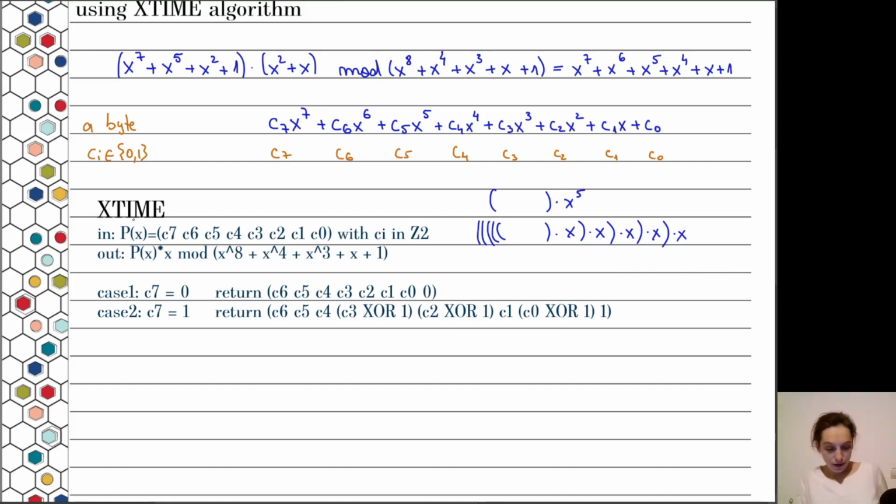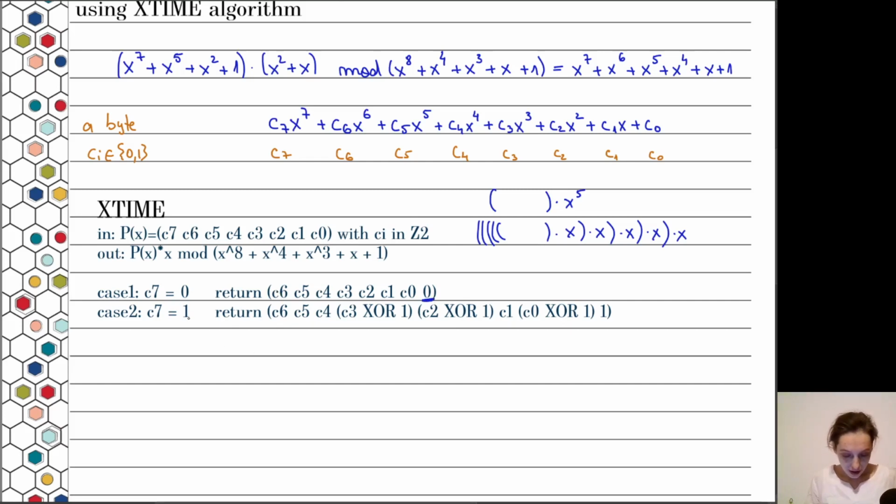Okay, so that's the algorithm. It is very simple. When the first coefficient C7 is 0, all we have to do is to shift the positions of the coefficients by 1 to the left, and in the end we will have a 0.